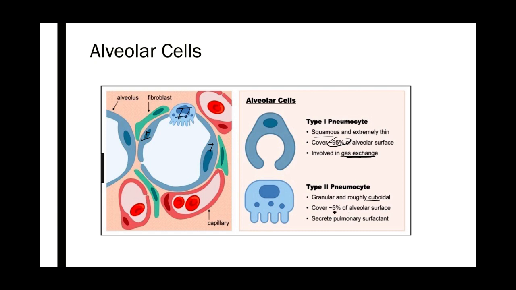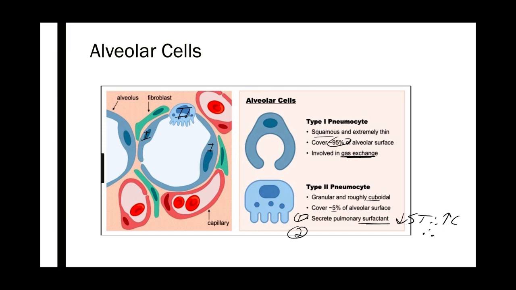They cover a lot less of the alveolar surface, but they have two very high yield functions. One, they secrete surfactant, and surfactant decreases the surface tension of the alveoli, and that allows for more compliance.